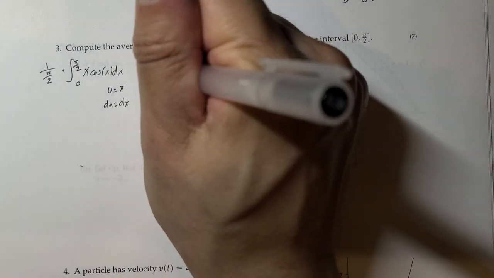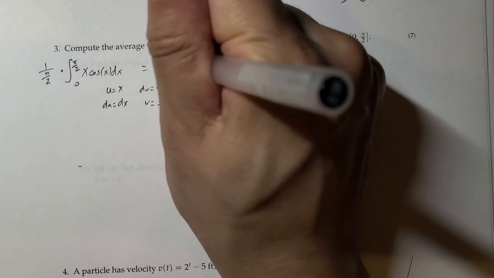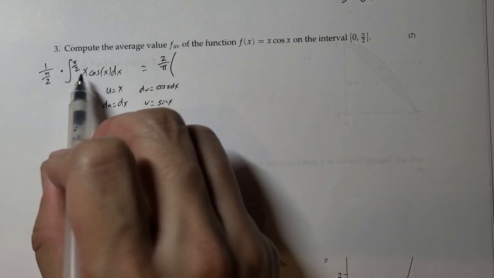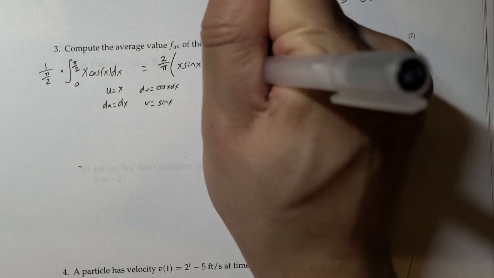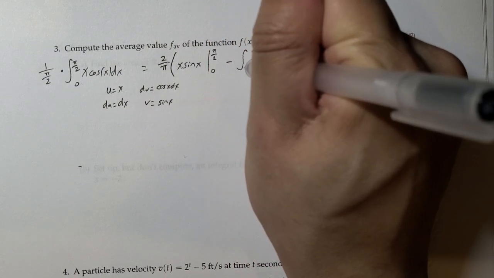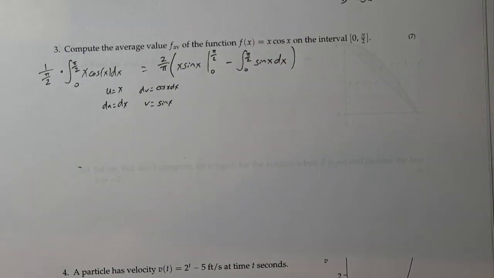So this is equal to 2 over pi times, I just flipped that, uv minus integral of v du: x sine x, evaluated from 0 to pi over 2, minus the integral from 0 to pi over 2 of sine x dx.